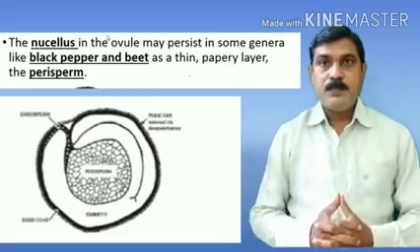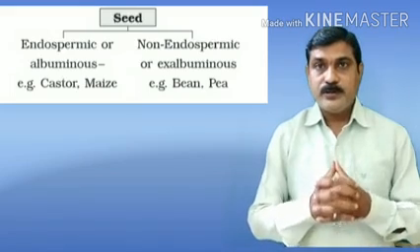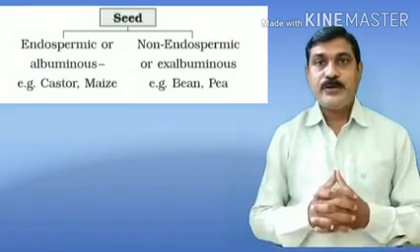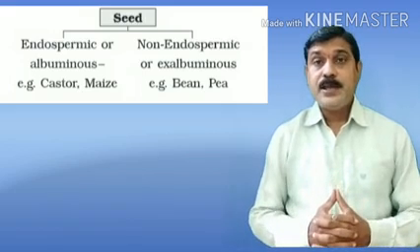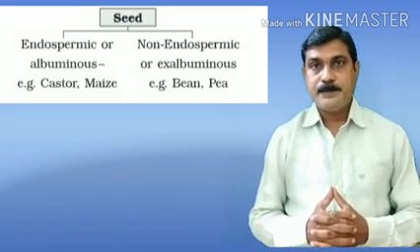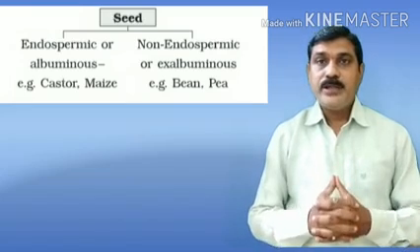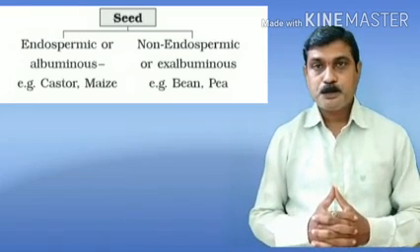On the basis of use of reserve food for the development of embryo, seeds are classified into two types. First type is endospermic seeds or albuminous seeds. Second type is non-endospermic seeds or ex-albuminous seeds.